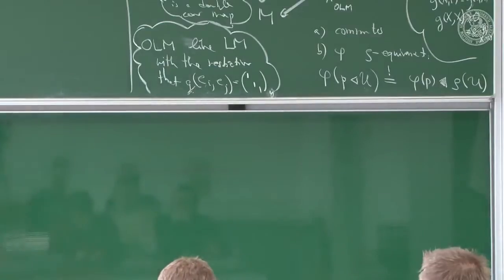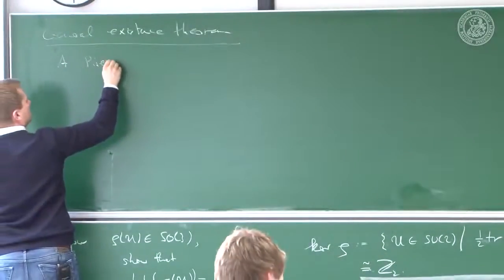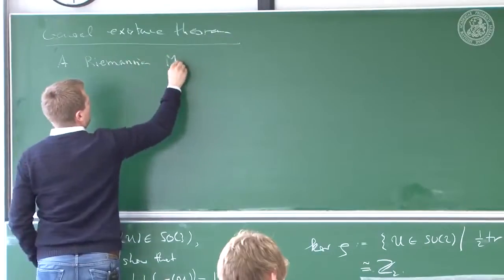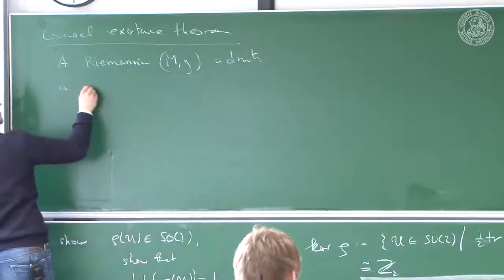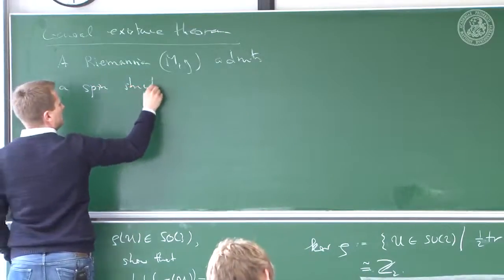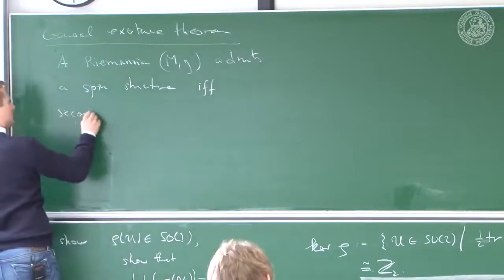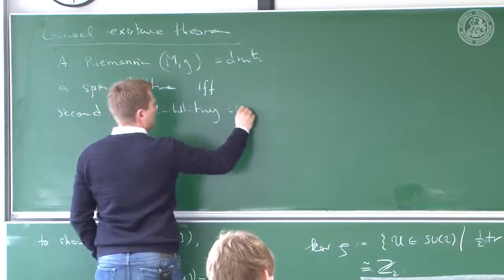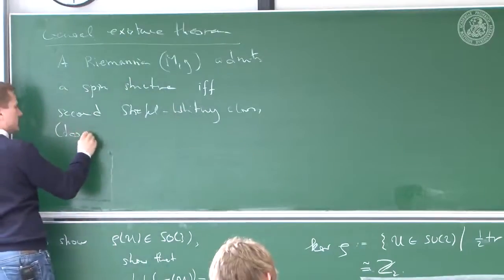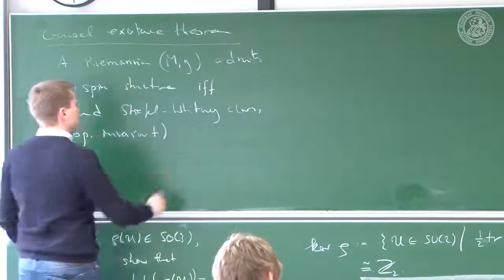Now, for our special case, there is a nice theorem that says a Riemannian manifold admits a spin structure if and only if the second Stiefel-Whitney class, which is a topological invariant we're not treating here, but you can look that up, vanishes.